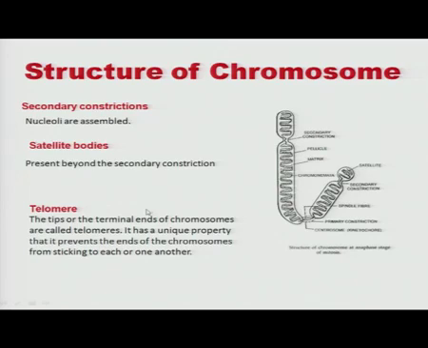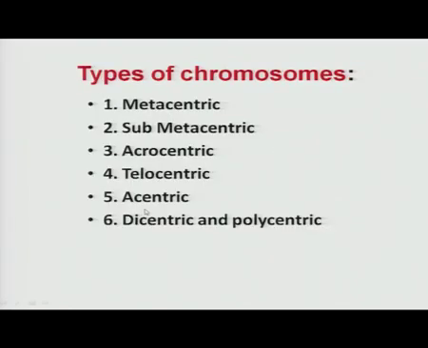Let us move towards the types of chromosomes. There are mainly 6 types of chromosome depending on the position of the centromere, that is the primary constriction, which joins the arms of the chromosome, and these types are metacentric, submetacentric, acrocentric, telocentric, acentric, and dicentric and polycentric.